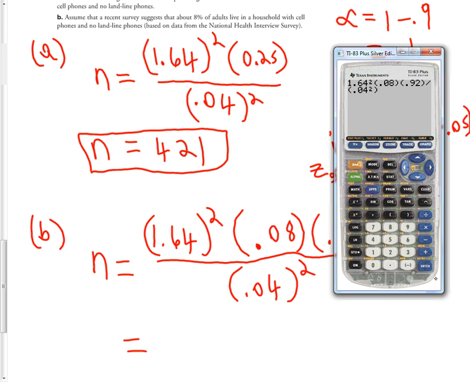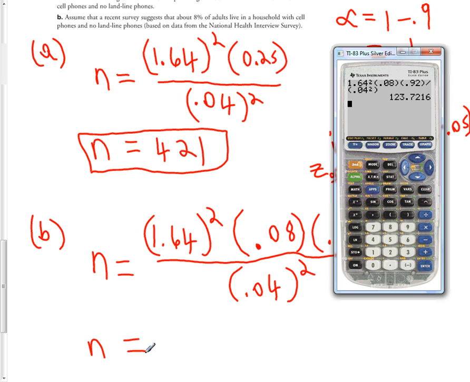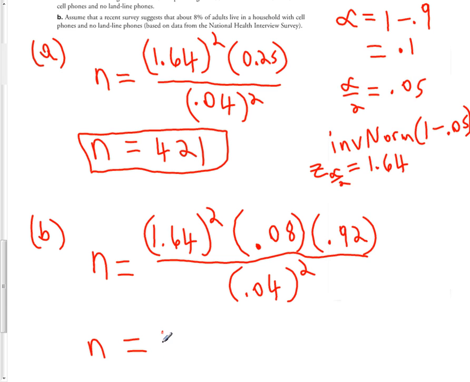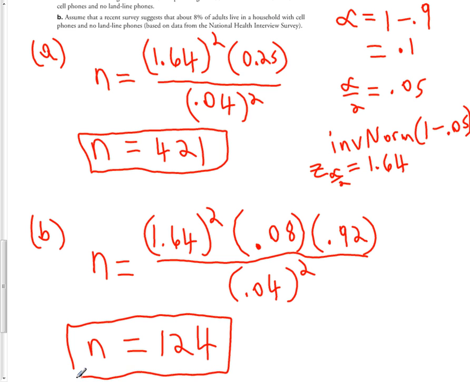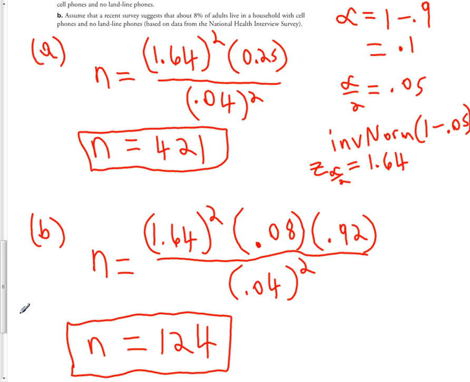So let's close that parenthesis and press enter. And we get here that n in this case is only 123.something, and we're rounding up again, 124. So you see, if you have prior information, you need to survey fewer people in order to do the estimate. So that is how we're going to determine the sample size that is needed for estimation.